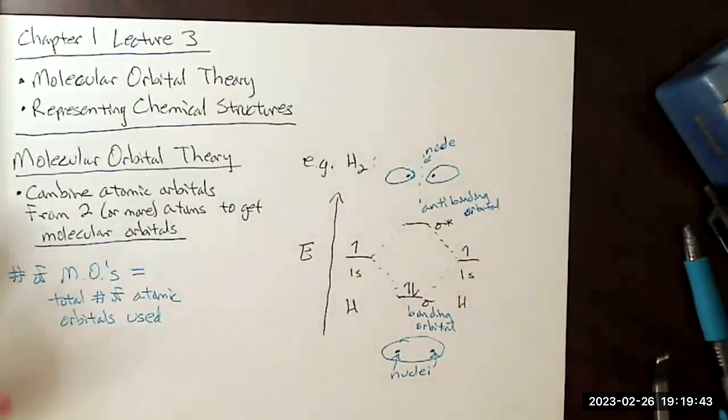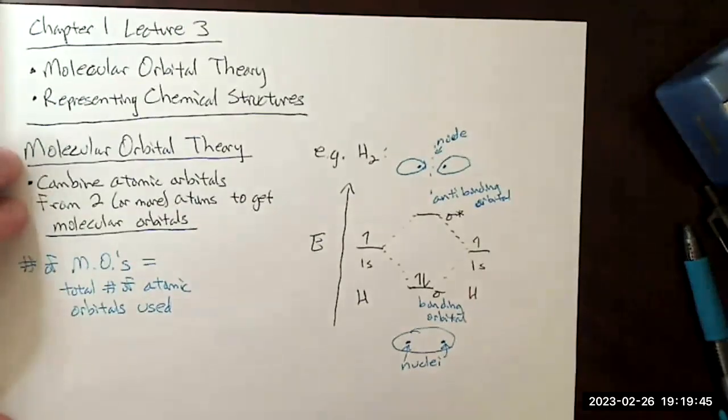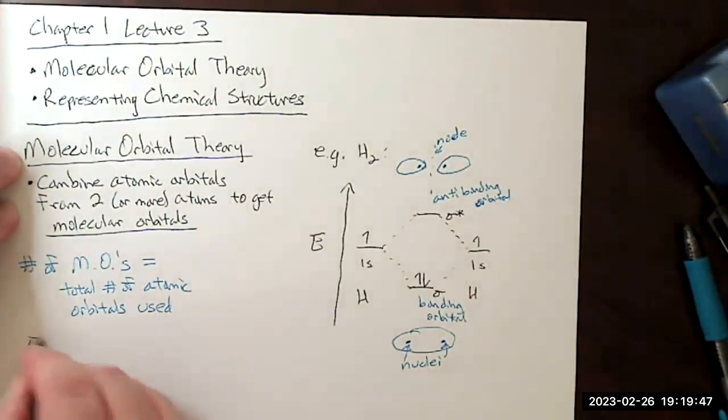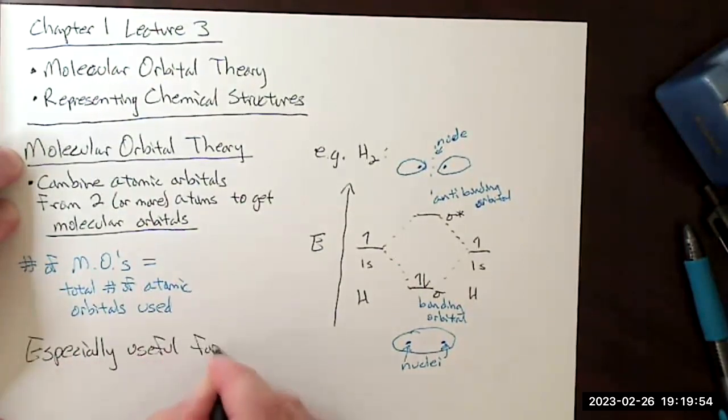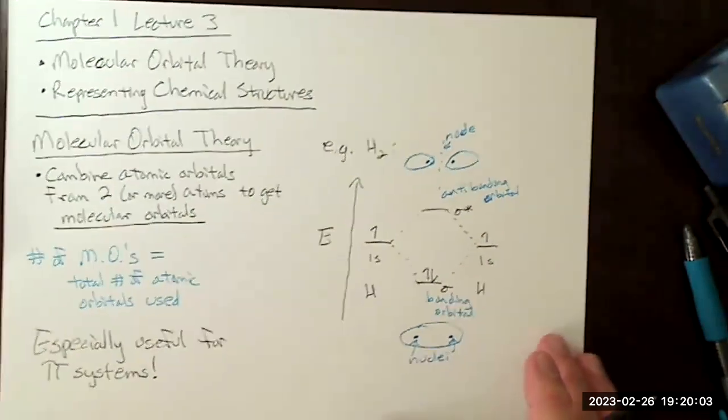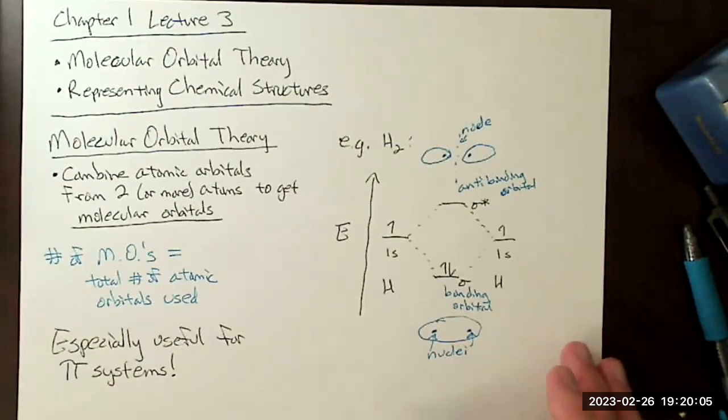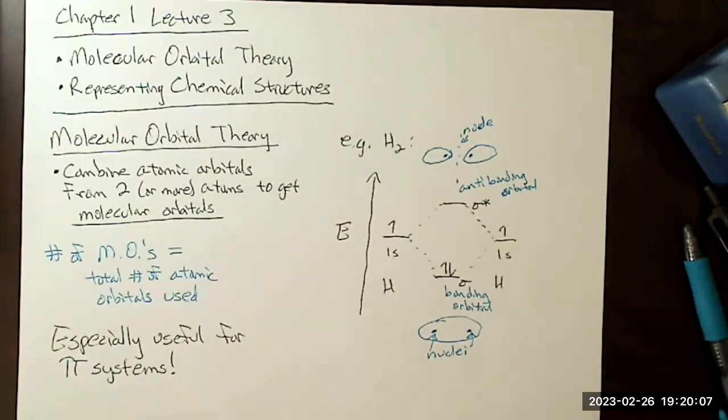And we can do this for other systems as well. This is going to be especially useful for pi systems. In fact, that's one of the strengths of molecular orbital theory. Molecular orbital theory does a better job representing what's going on with pi systems, especially ones that are what we call delocalized.